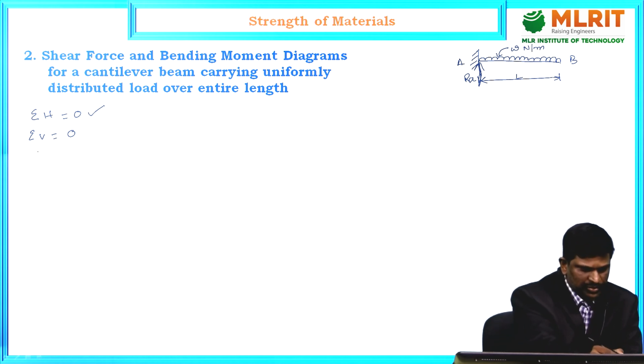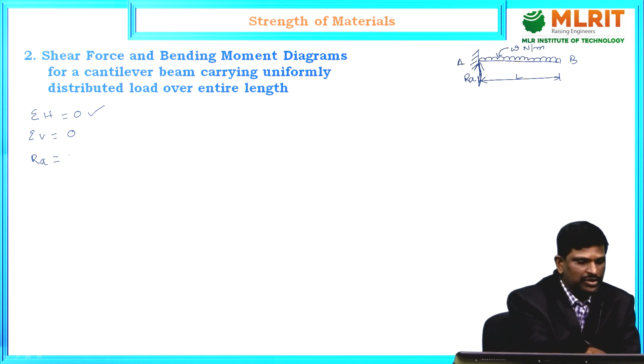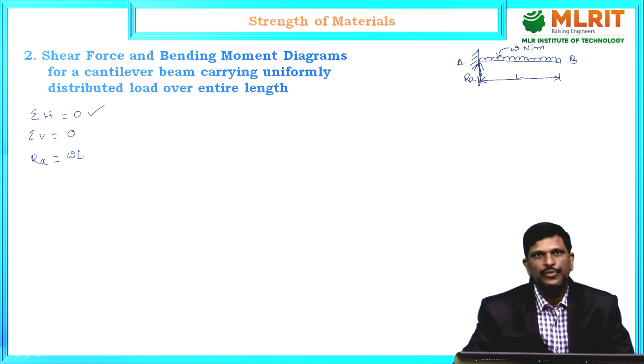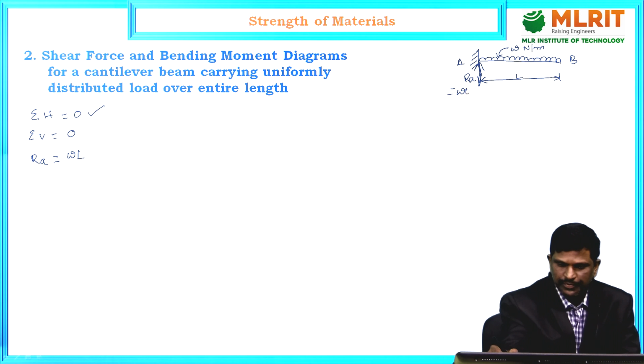Therefore, to satisfy the condition that the sum of all vertical forces equals 0, the sum of all upward forces must be equal to the sum of all downward forces. The intensity of the total downward force is W into L. Therefore, RA is equal to W into L.